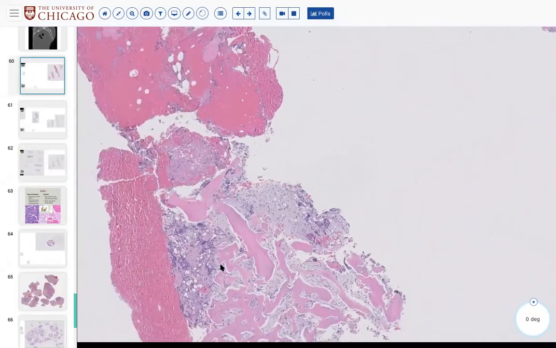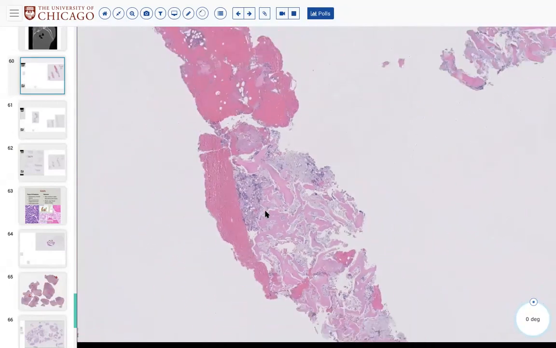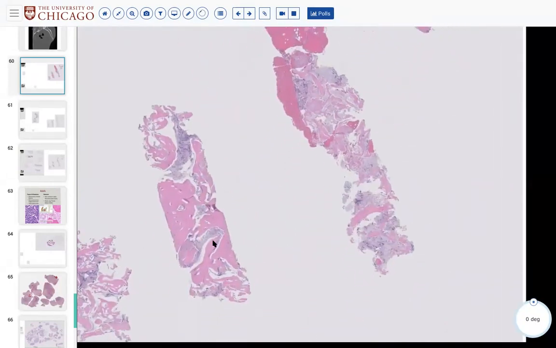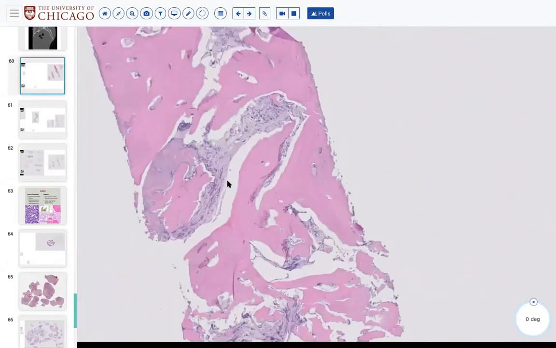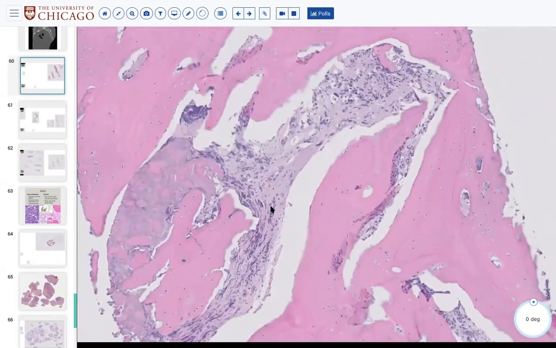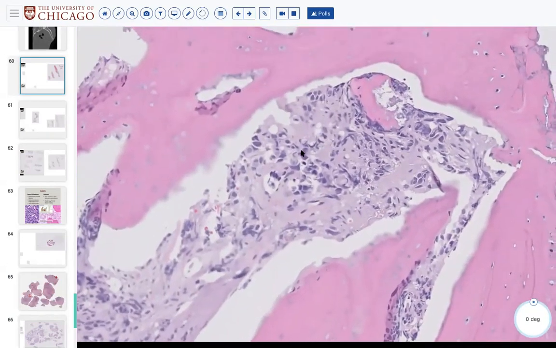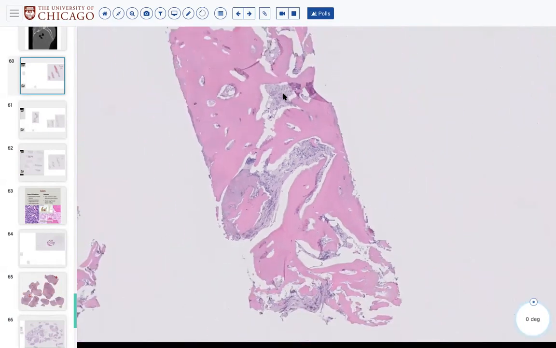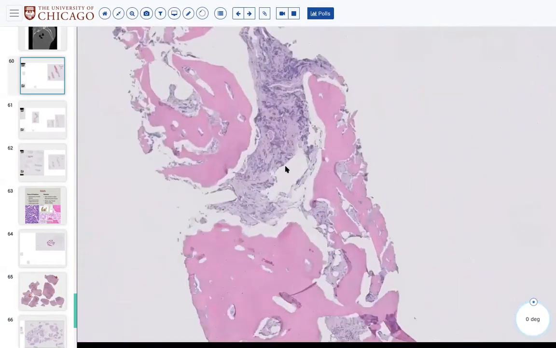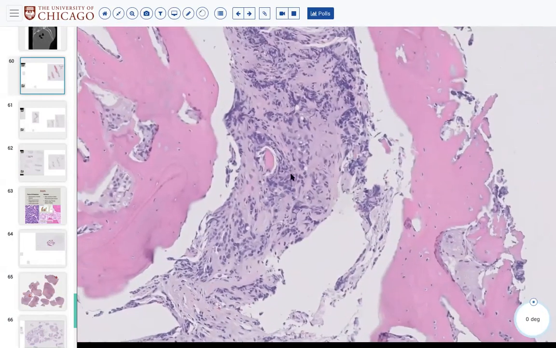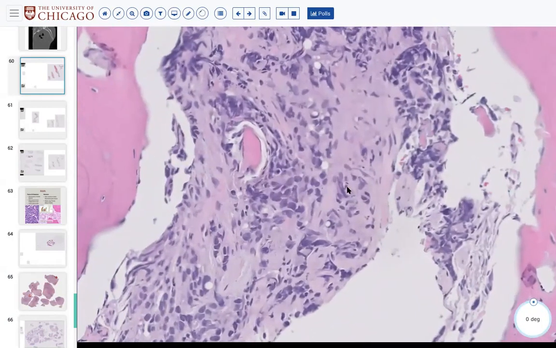So, as Heather said, old age guy, sclerotic lesion, your Step 1 First Aid book should guide you to pick the answer right away. But then if you scan the slides, you will see some islands of cells. We can go down here. It's a good area.